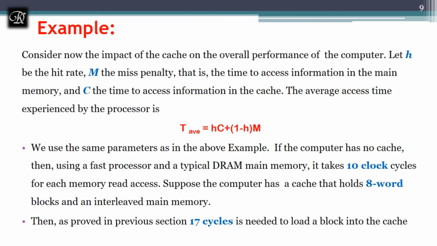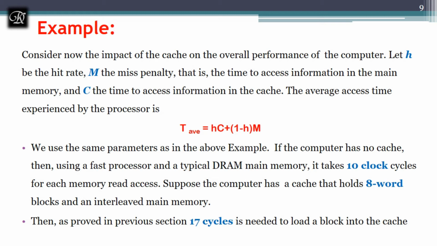Let's see the example. This can be done with multiple levels of cache. We can have a single cache at the processor. Nowadays we have processors with L1, L2, L3 caches. So let's see one example where a processor has only one level of cache and how the performance will be improved.